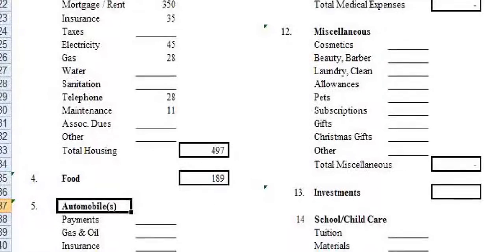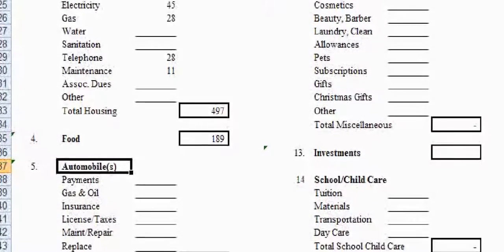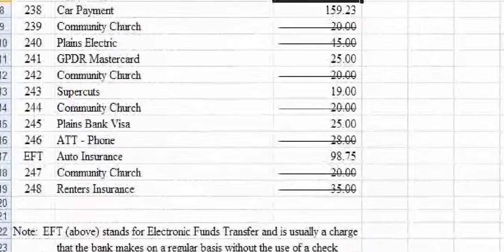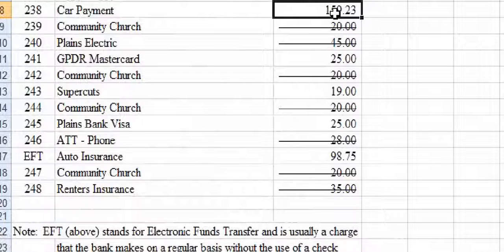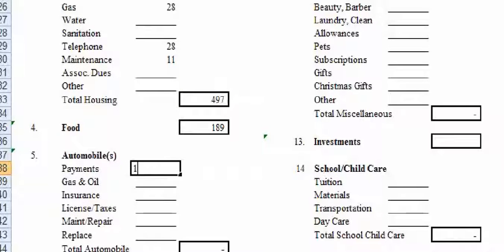As a reminder, automobile is to include all the costs of owning and operating your basic transportation. The first line, payments, is filled from the listed checks tab next to car payment. We strike out the $159.23 on that tab and enter the number next to payments under automobile on the blank form.